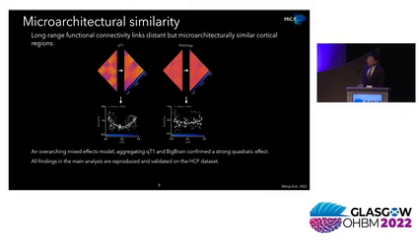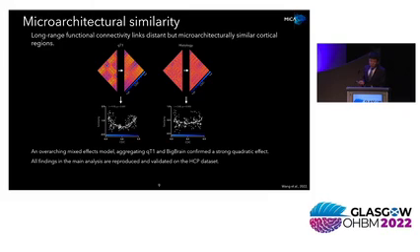And to further explore the relationship between microarchitecture and long-range connections, we studied the microstructure similarity matrix of quantitative T1 and BigBrain histology data. We found a significant quadratic relationship between microarchitectural similarity and CDC, both for QT1 data and histology data.